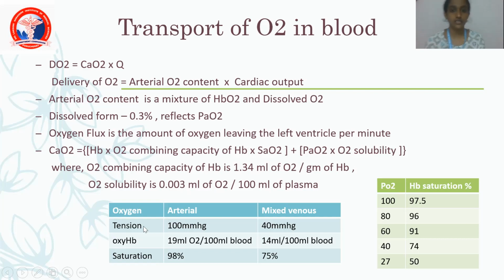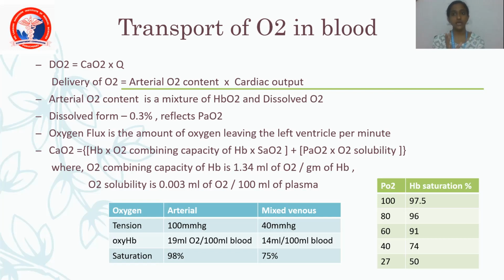So whenever you consider the arterial and the venous blood, the oxygen partial pressure in the arteries is around 100, whereas in venous it is only 40 millimeters of mercury. Similarly, the amount of oxygen carried by the blood in the arteries is 19 ml per 100 ml. The artery carries the oxygen and gives it up to the peripheries.